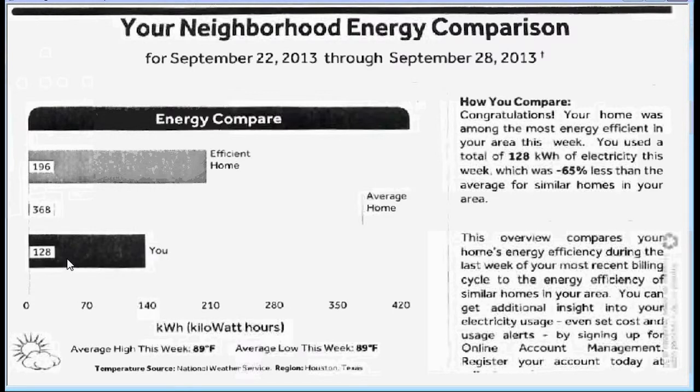Now, the main importance of this comparison is that I live in a 30-year-old house. My house was built in 1978. So it's basically to show you that just because you live in an older home doesn't mean you can't make your home energy efficient. That's something that I wanted to point out. And I know there are a lot of people out there in the average home category.